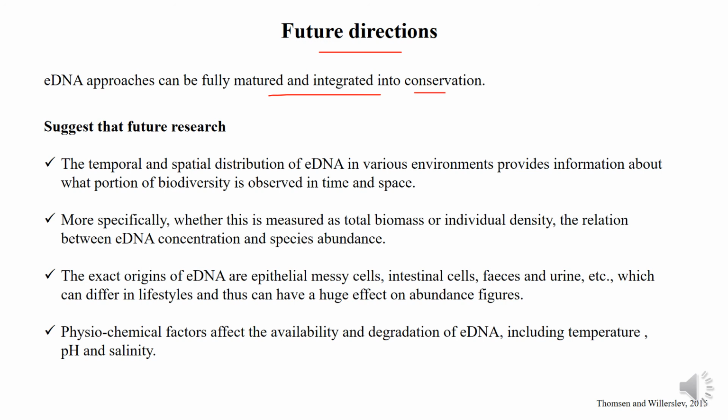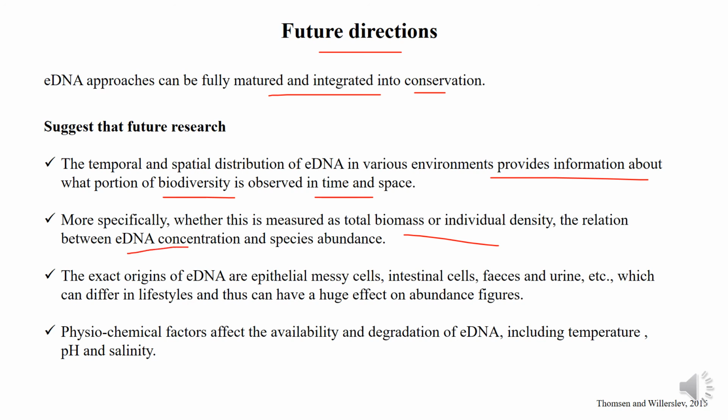And the temporal and spatial distribution of species from eDNA: various environments provide information about what proportion of biodiversity is observed in time and space. So by using eDNA in the future, you can predict the observation of that particular species being present at that time and space. And more specifically, whether this is measured as total biodiversity or total biomass of an individual, density in relation to eDNA concentration.